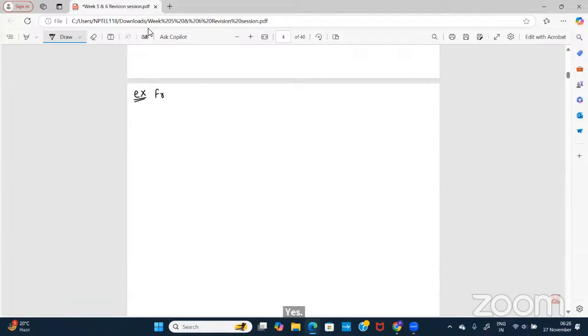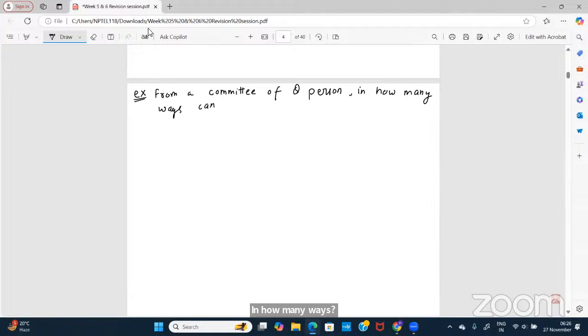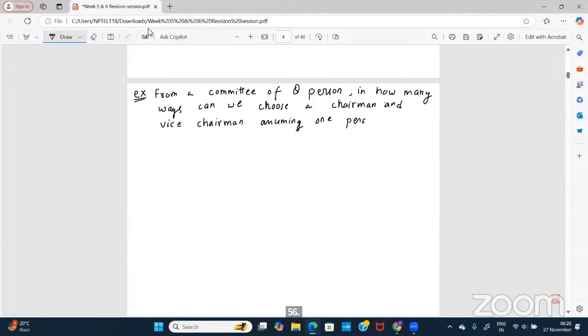Okay, so the question is, from a committee of 8 persons, in how many ways can we choose a chairman and a vice chairman, assuming one person can hold only one position.